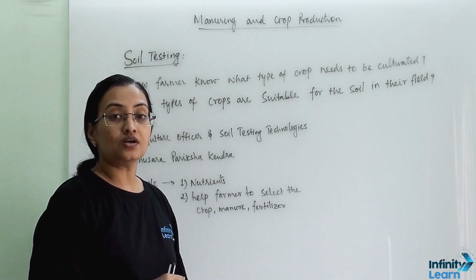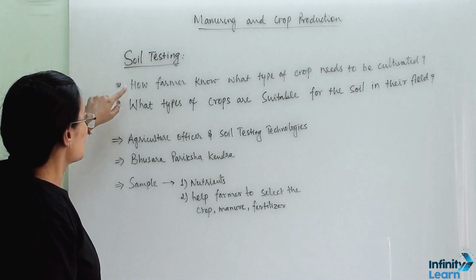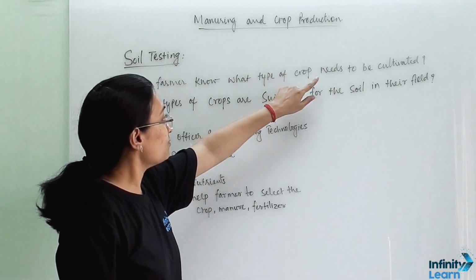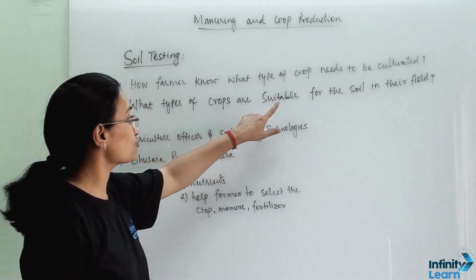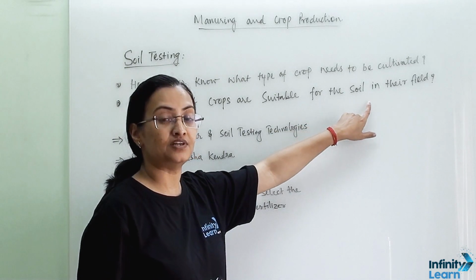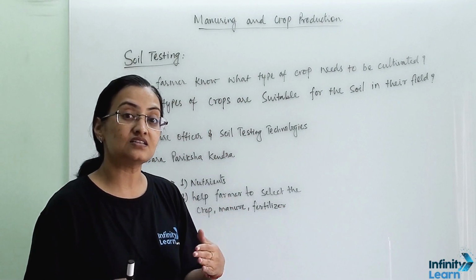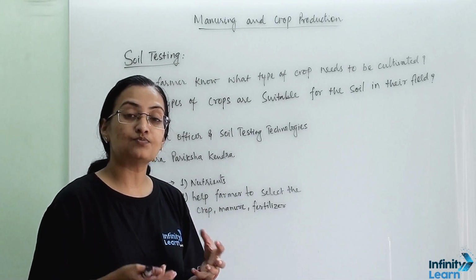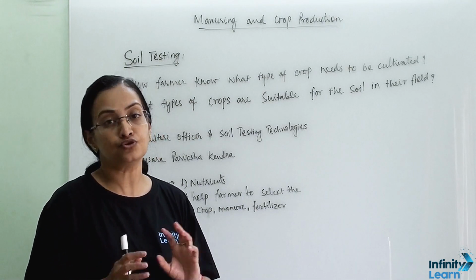Now one of the important topics is soil testing. It will answer two very important questions: how does a farmer know what type of crop needs to be cultivated, and what types of crops are suitable for the soil in their field. An experienced farmer can answer these two questions by seeing the texture of the soil, that this soil is perfect for this kind of crop and this soil has this amount of nutrients.